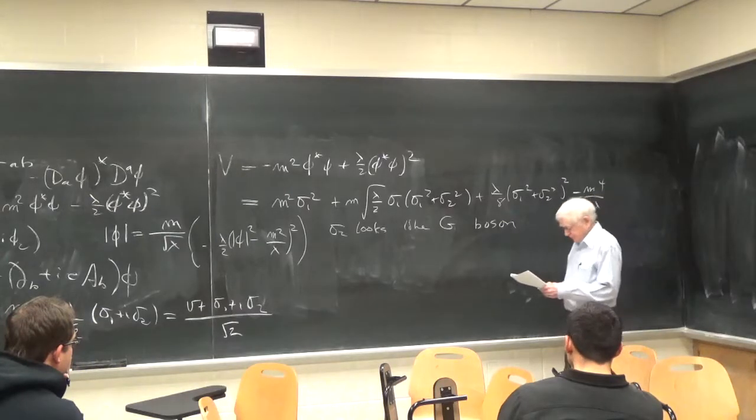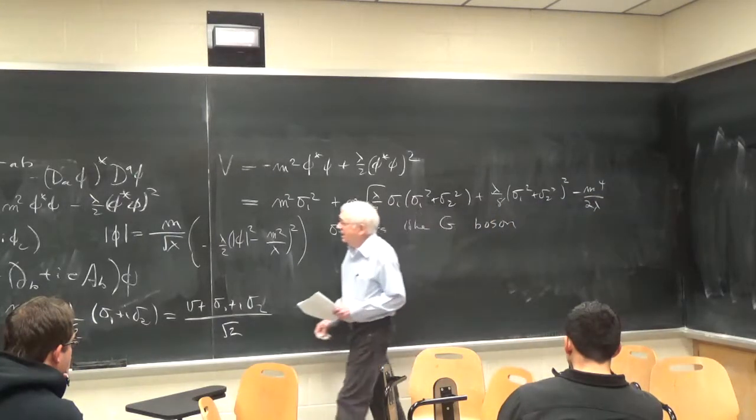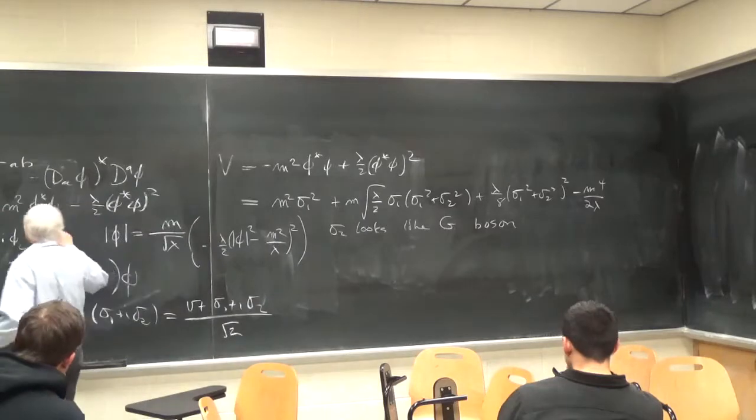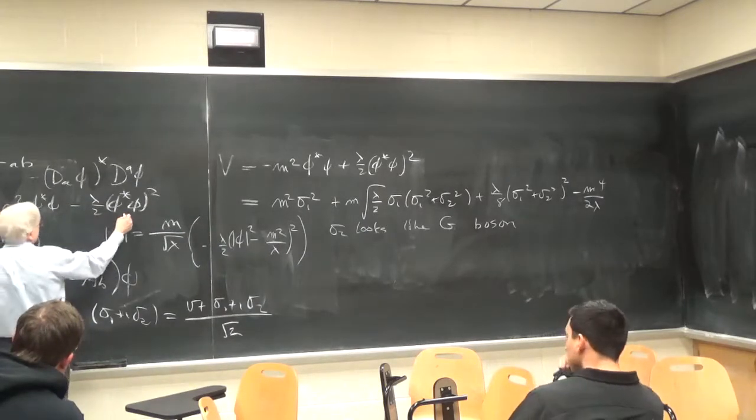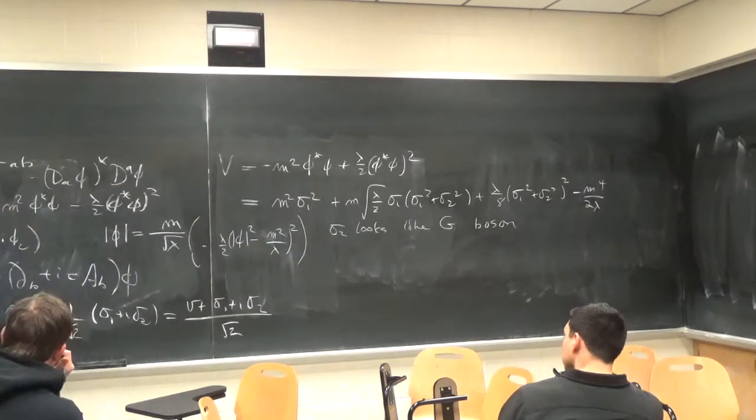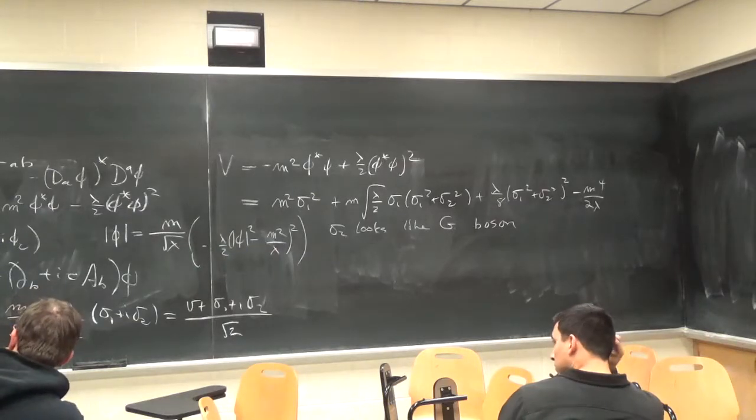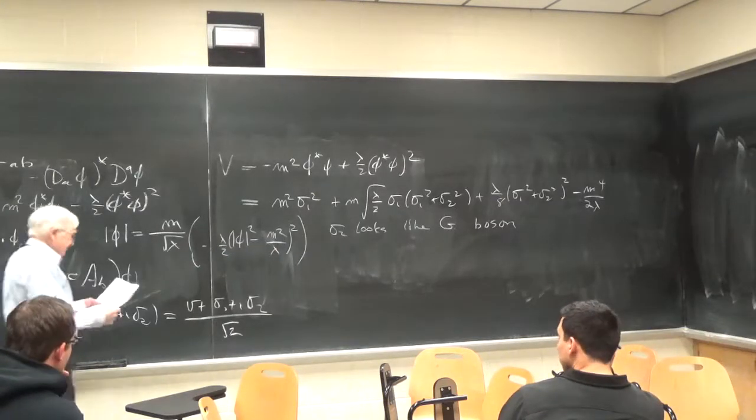But that's because we've only looked at this part of the theory. If we look at the covariant derivatives of the scalar field, then we find that things are quite different.